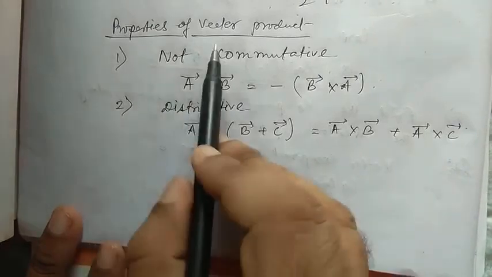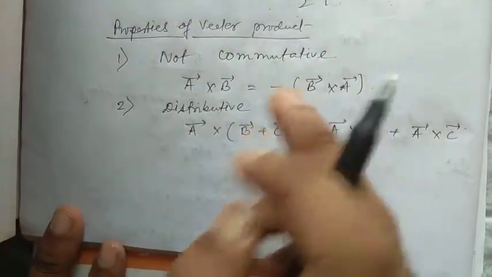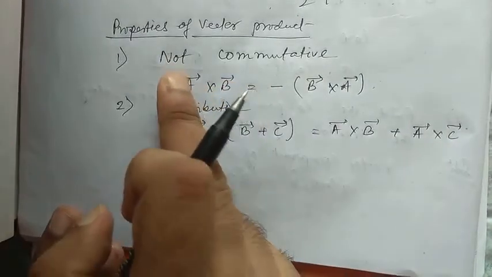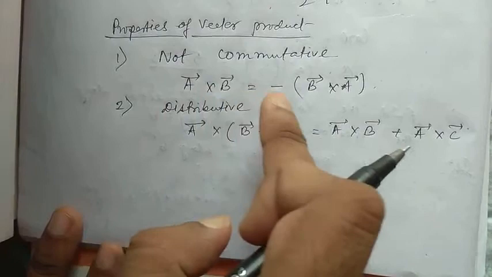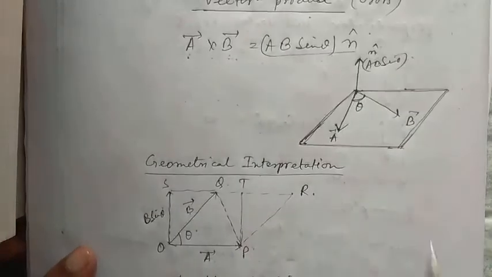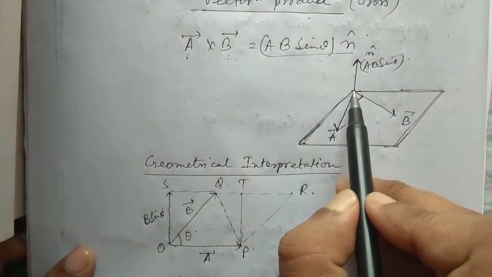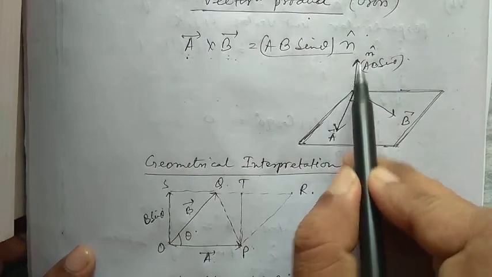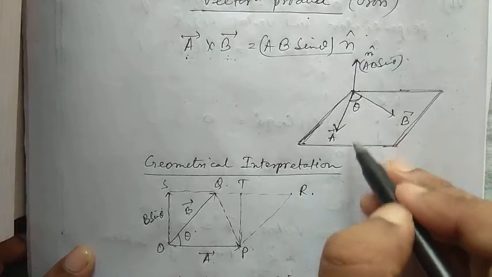The properties of vector product. The first property is that it is not commutative. Dot product was commutative, cross product is not commutative. So vector A cross vector B becomes equal to minus of B cross A. As we know from this diagram, if this was A cross B, the result is upwards, whereas B cross A will result in a downward vector.